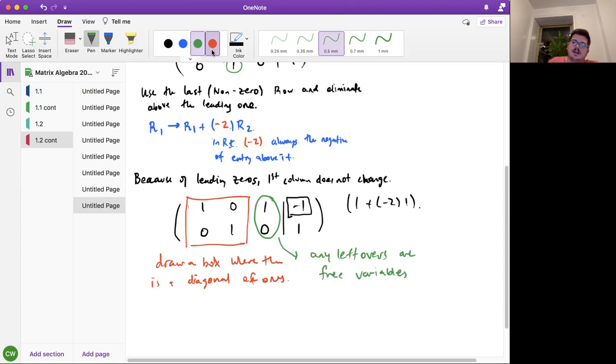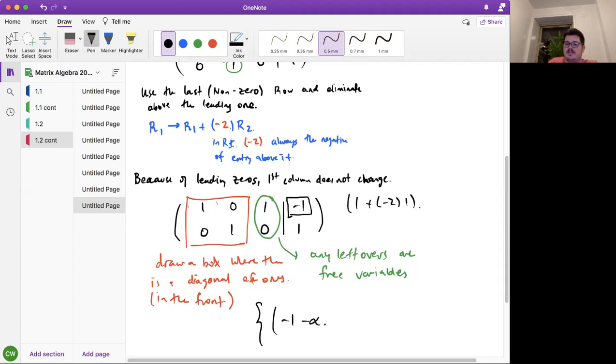Yes, in the front, it has to be in the front. So this will always be 1 by our construction. If you draw this box, these will not be free variables, and the leftovers are free variables.